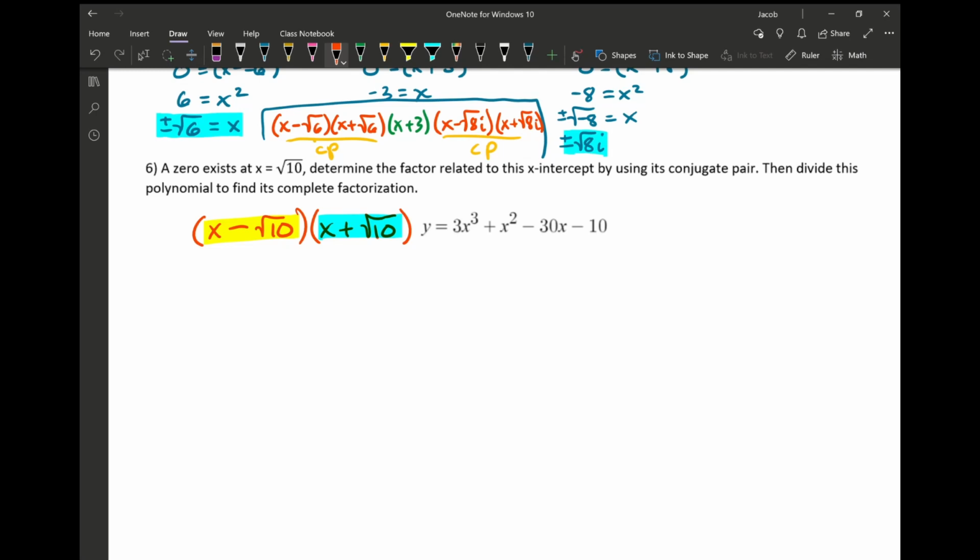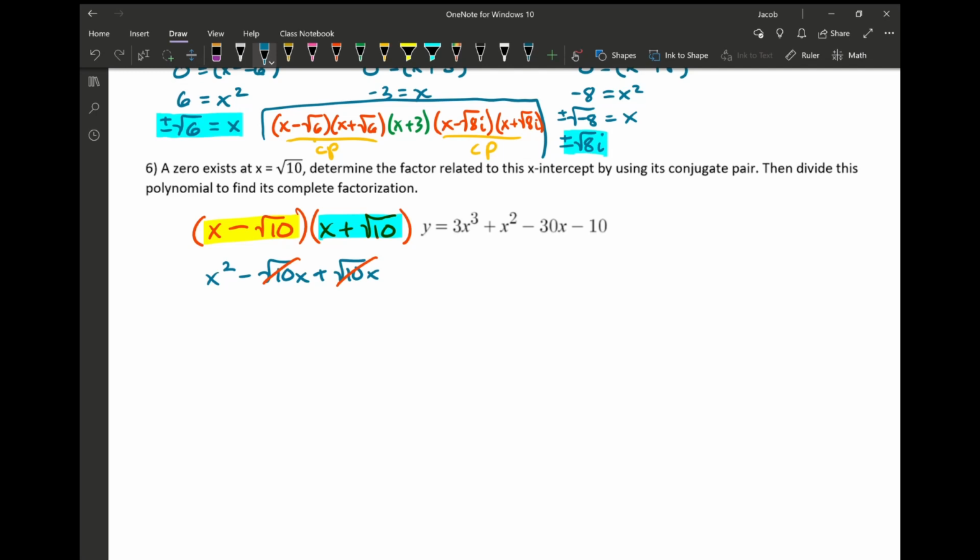So we are going to go ahead and find that more complete factor that these two factors contribute to, just by multiplying them together. So I'm going to multiply x by x, so I get x squared. I don't really need to show this part since I kind of understand the pattern already. This is a difference of squares, so we know that the middle term should cancel out. It does. Lovely conjugate pairs.